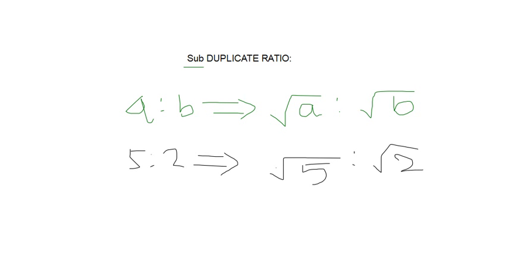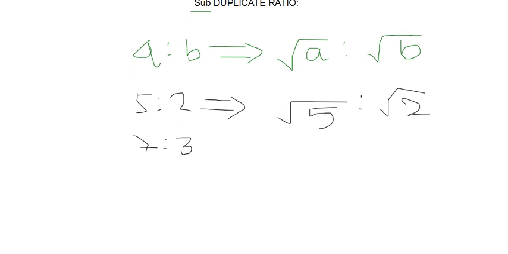And the next thing is triplicate. Triplicate ratio. What is the meaning of triplicate? When you have found the solution for the duplicate, duplicate means square.